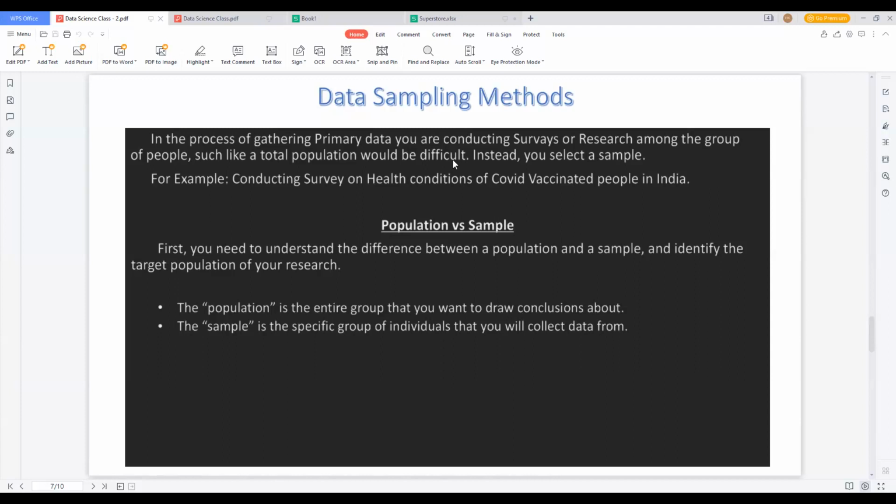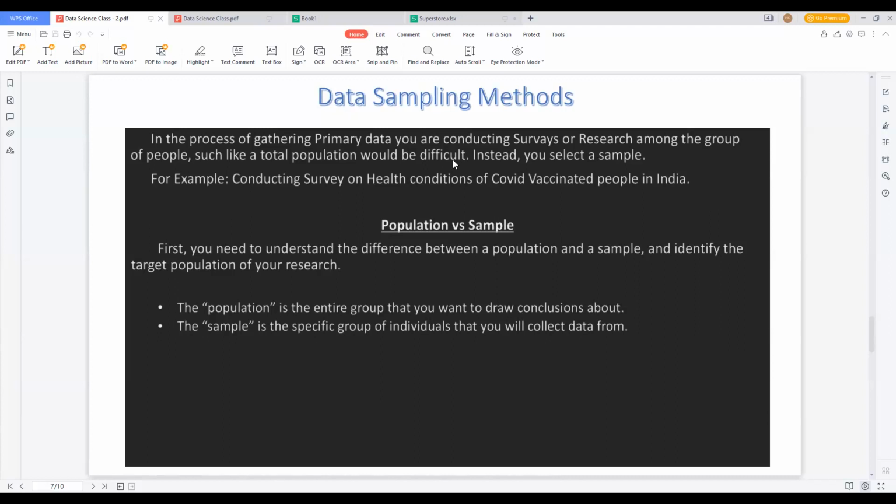Suppose we want to conduct a survey, as biology students or surveyors, to analyze whether the news is real or not. Then you reach out to each and every person who already took the Covishield vaccine.